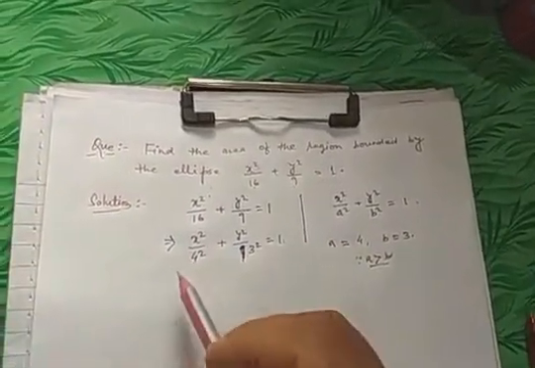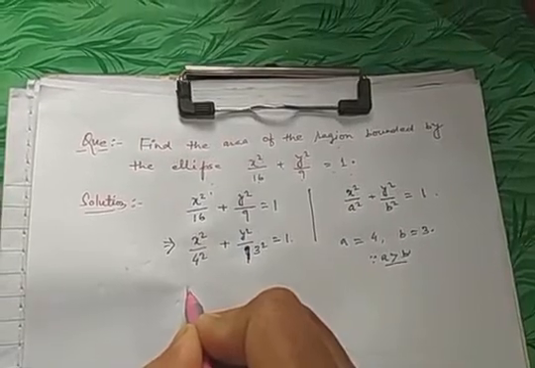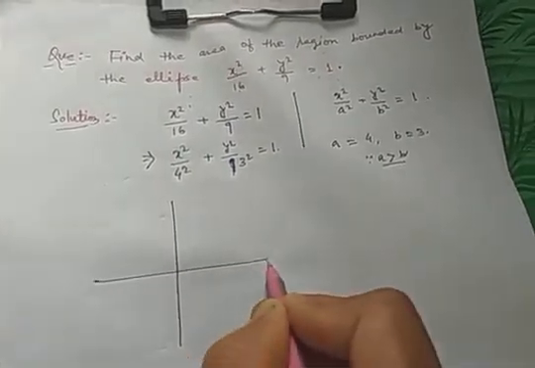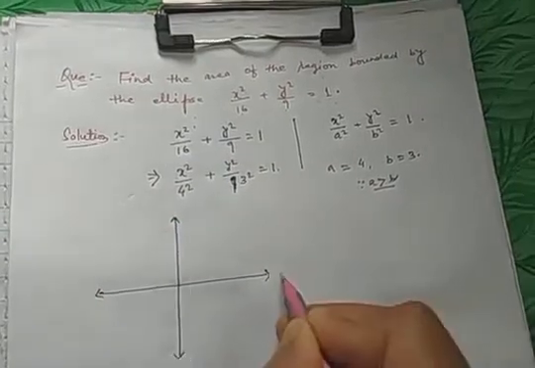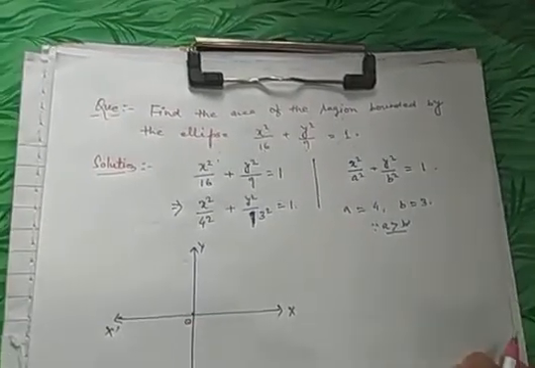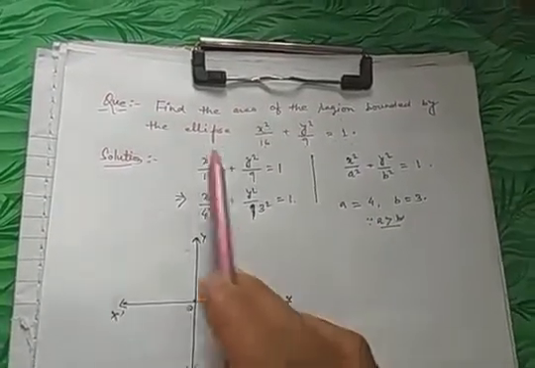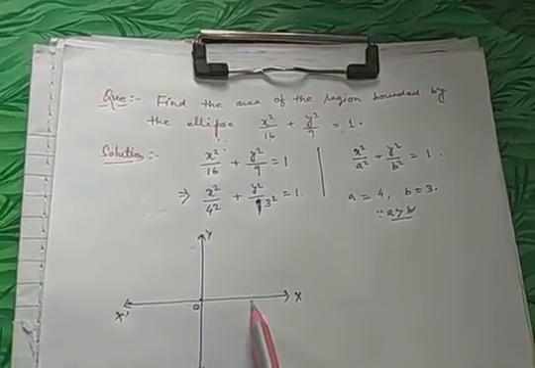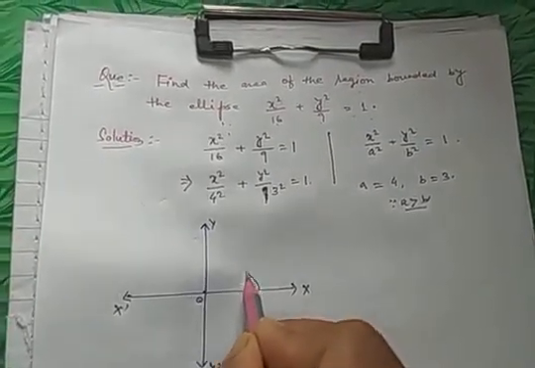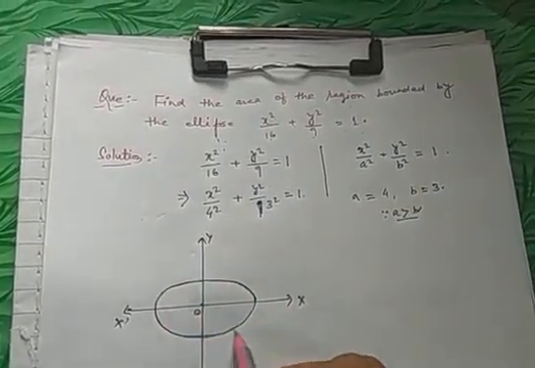So here, students, let's draw the graph of this ellipse. This is the x-axis, this is the y-axis, and this is the origin. Since the major axis of this ellipse is along the x-axis, the graph will be just like this.